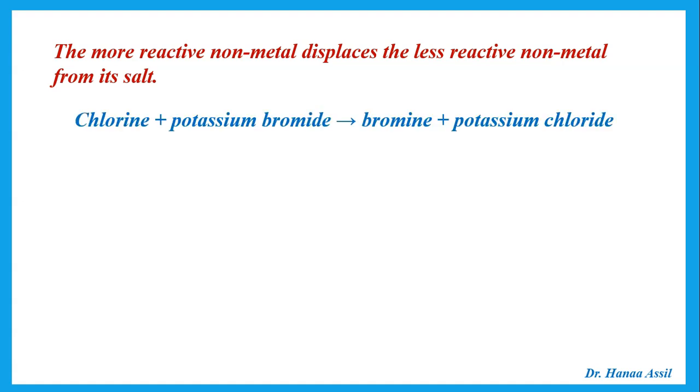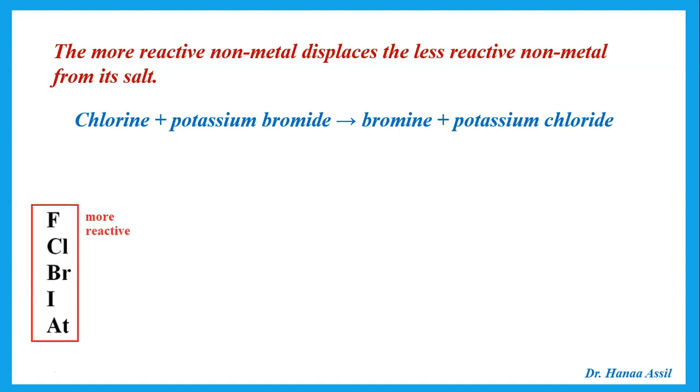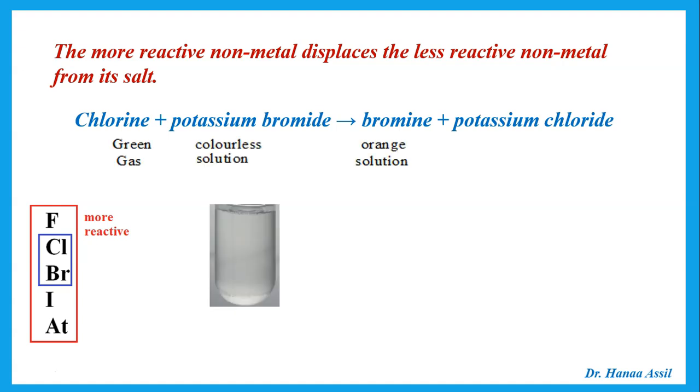So, if we look at this reaction, chlorine plus potassium bromide. Now, we should know that chlorine is more reactive than bromine, so it will displace it. So, if I start with potassium bromide solution, and you should remember, potassium bromide is a compound of group 1, that is colorless solution, no color.